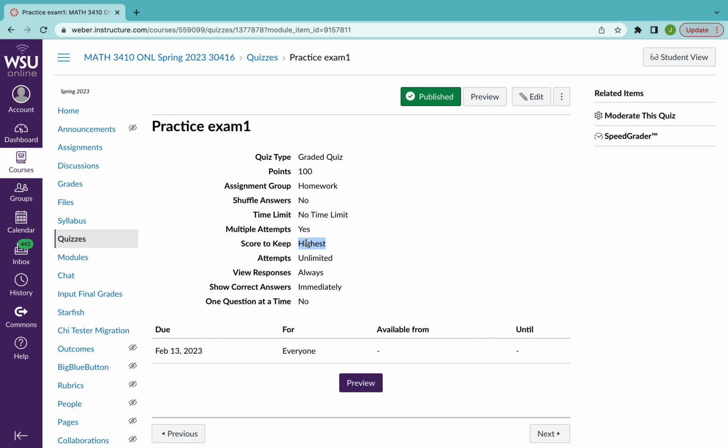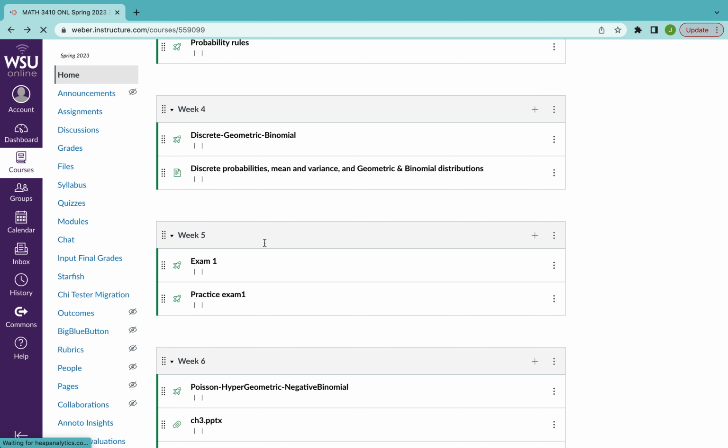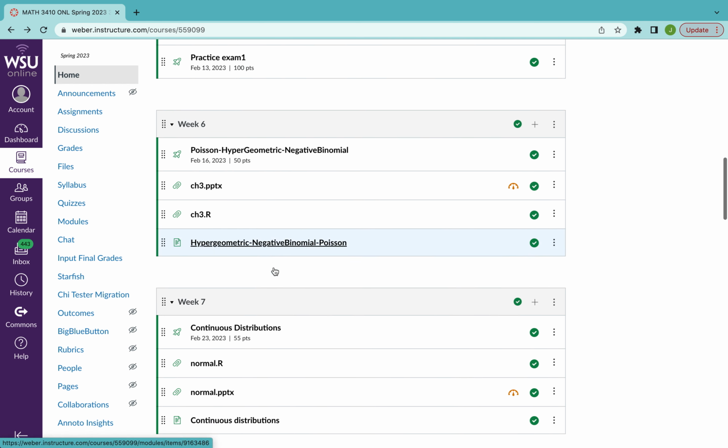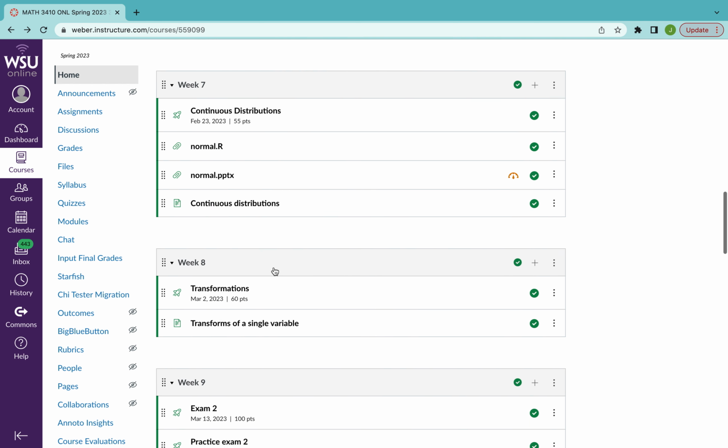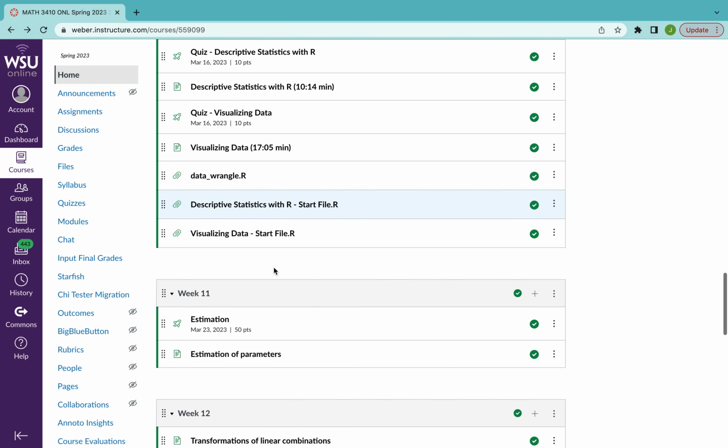So your practice exam score may not correlate or correspond to your exam score, especially if you are not timing it or not keeping it in a similar scenario to your exam. If you continue down here, you'll see more quizzes, material, more exams.